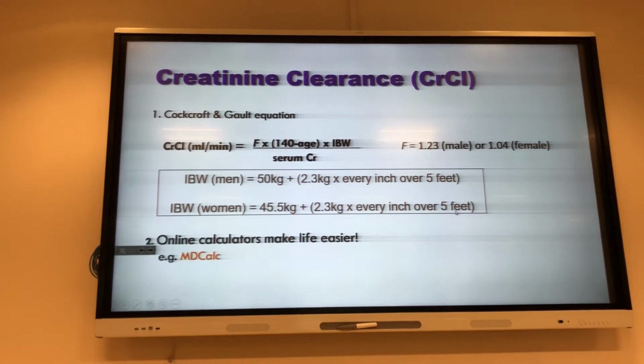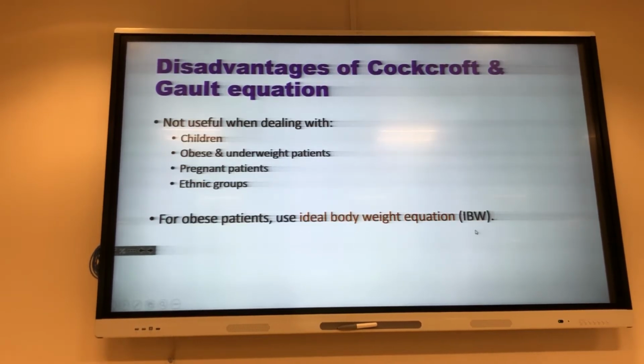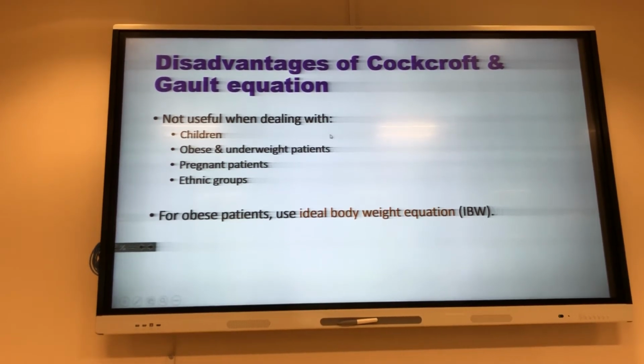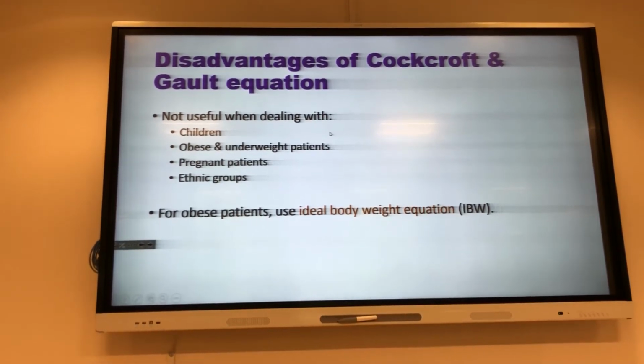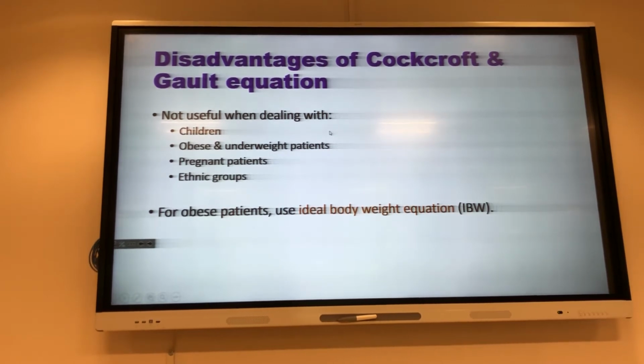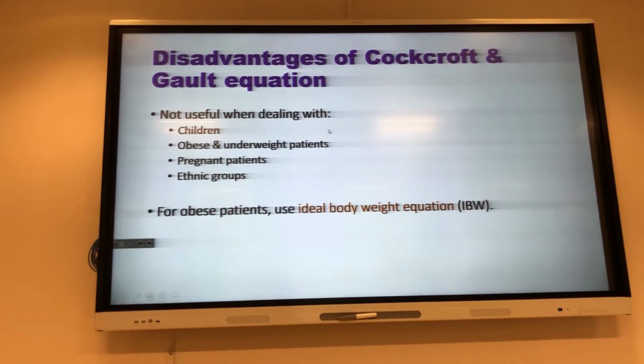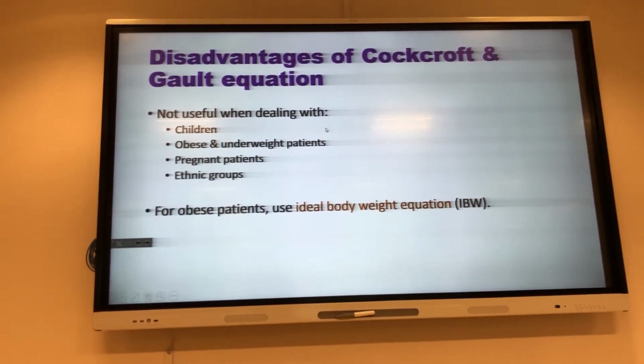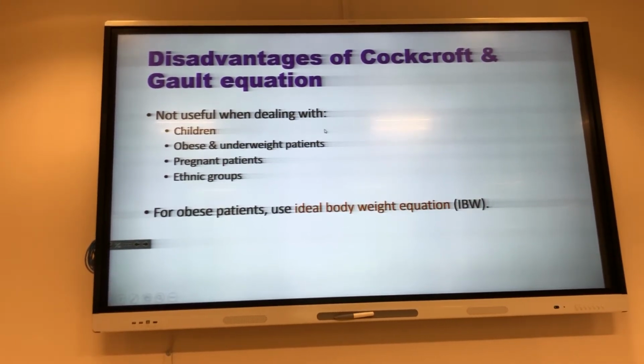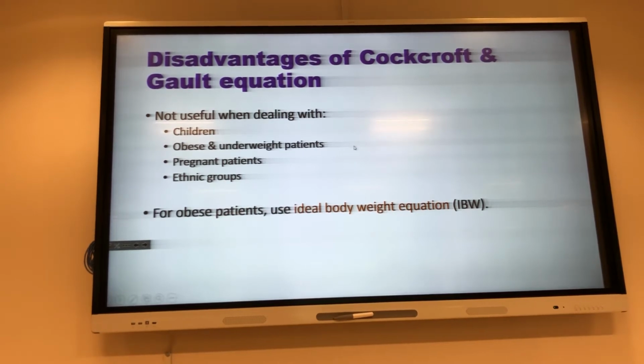But you don't have to memorize those calculations because they're available online. The disadvantages of the Cockcroft, similar to eGFR, is that it's not useful for children, obese or underweight patients, pregnant women, or ethnic minorities. Basically, these kinds of formulas were mainly prepared for an average white Caucasian male.